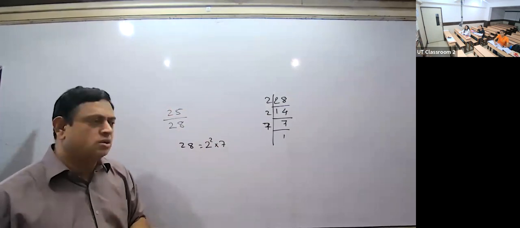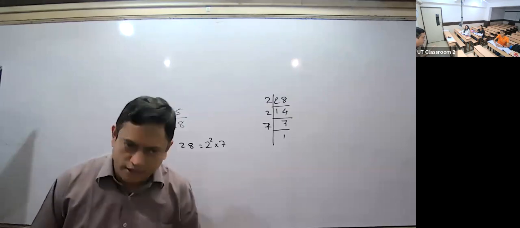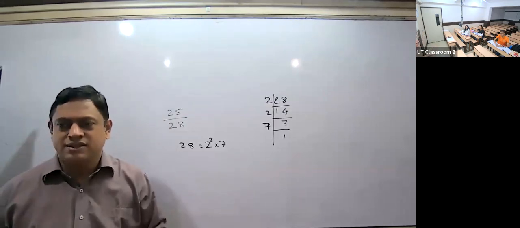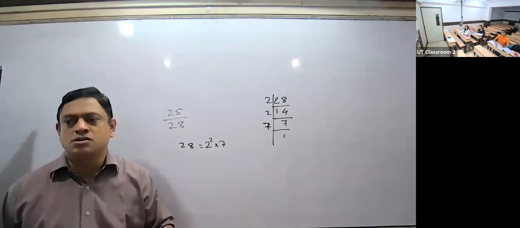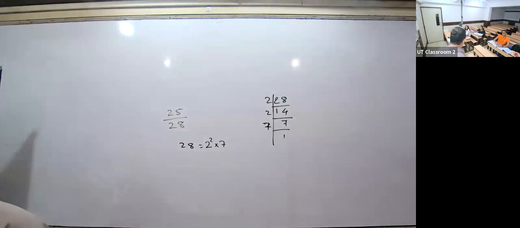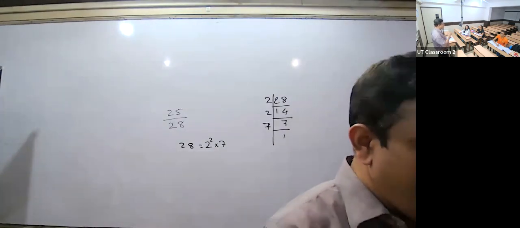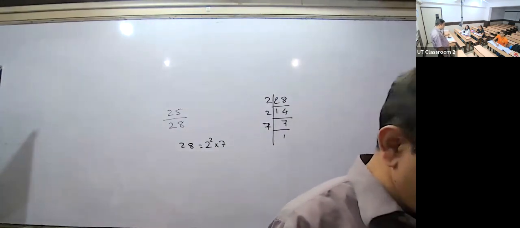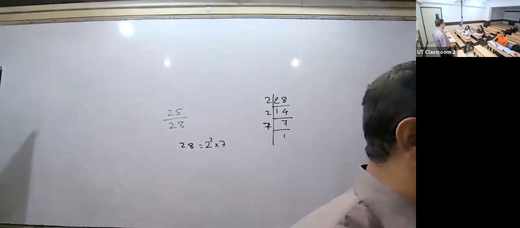Now the important rule: if the denominator has factors of 2 or 5 only, then it is a terminating decimal. If it contains some other factors other than 2 or 5, then it is non-terminating recurring.